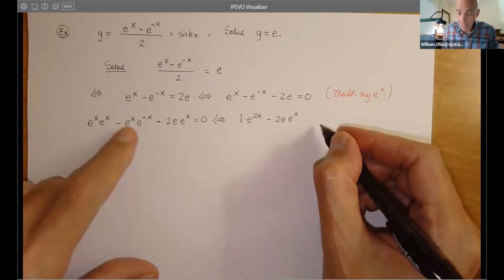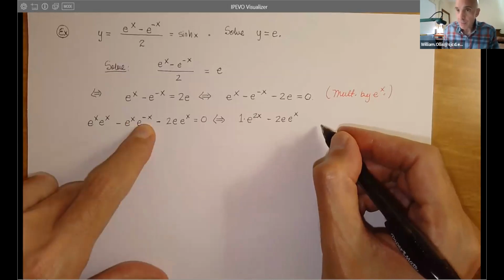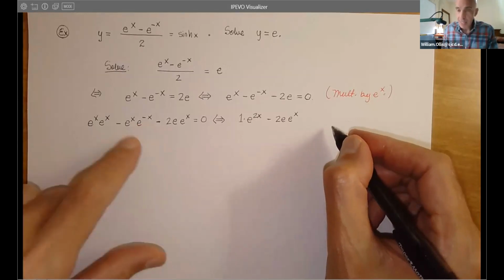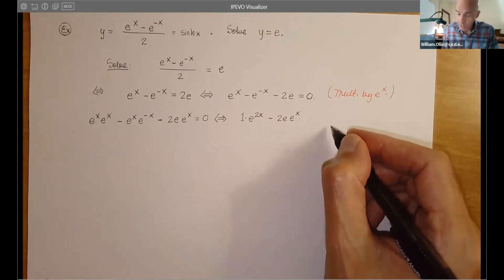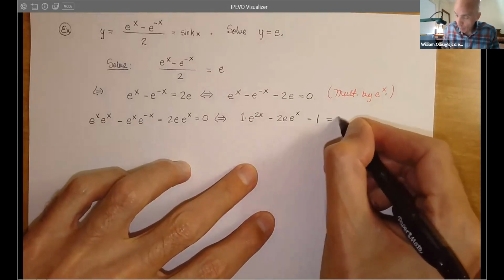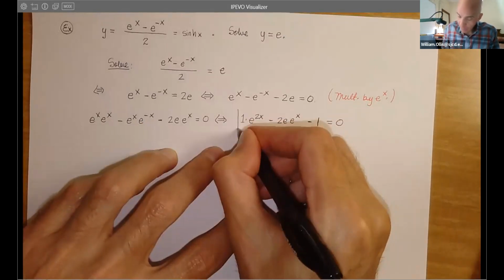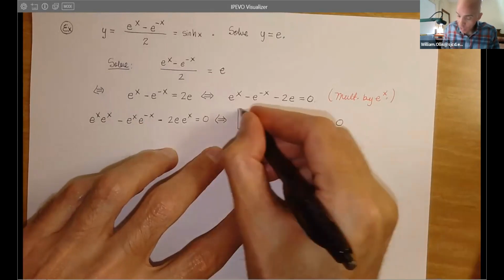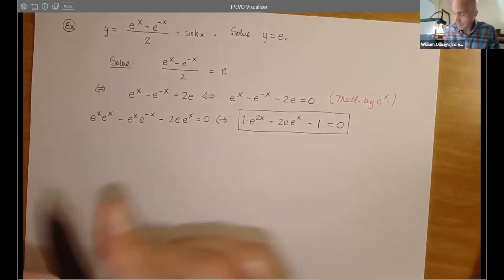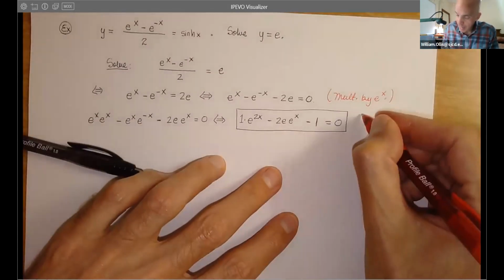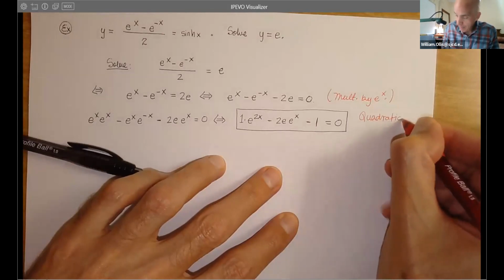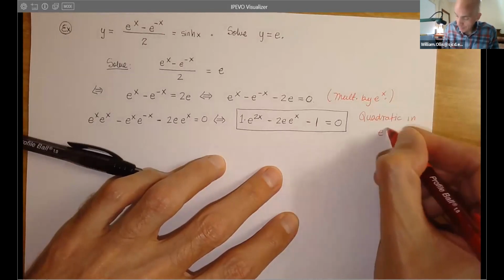And then, of course, x plus negative x, using the laws of exponents, is 0. So e to the 0 is 1. So we just get minus 1 here. So now we have converted our equation into a quadratic in e to the x. So this is a standard technique, quadratic in e to the x.